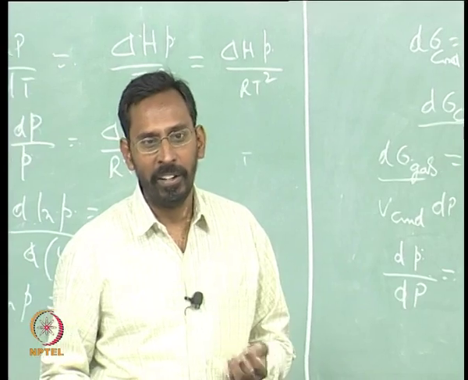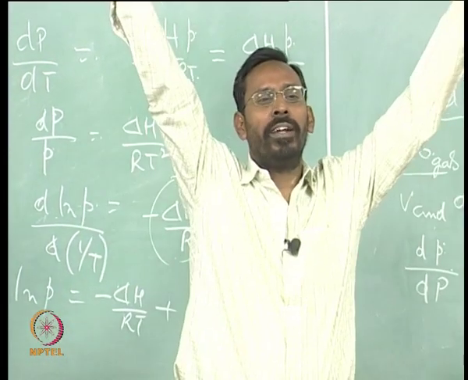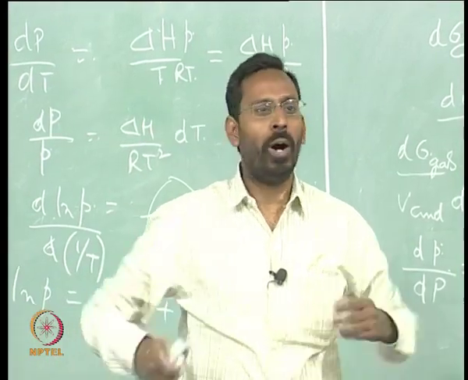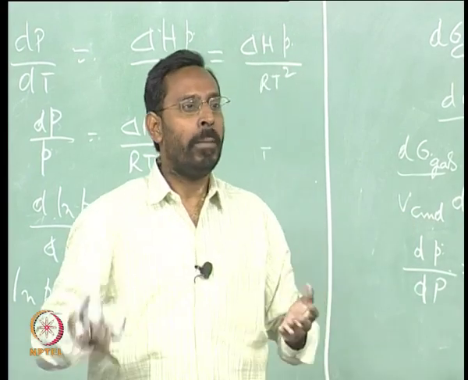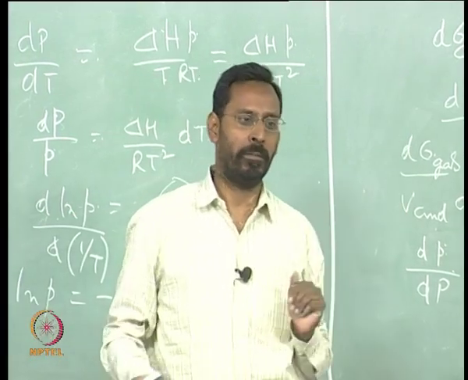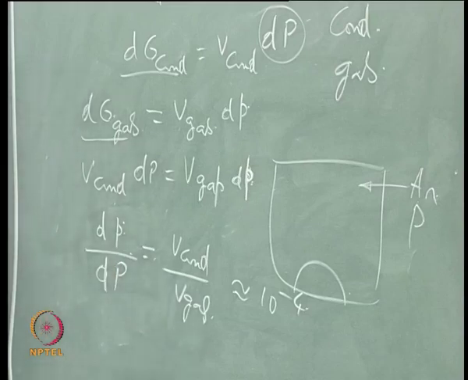Let us say you take a metal, you want to evaporate it and form gas and then condense it and get nanoparticles, and you want to do it at various pressures. The rate of formation of nanocrystals is related to the rate of sublimation, and the rate of sublimation is related to this.